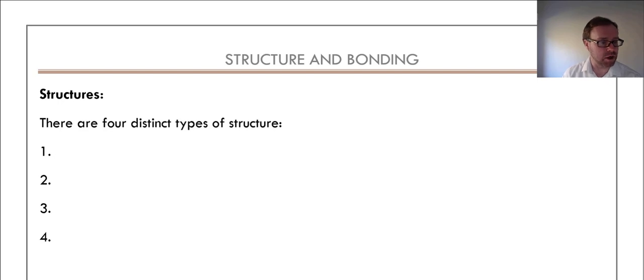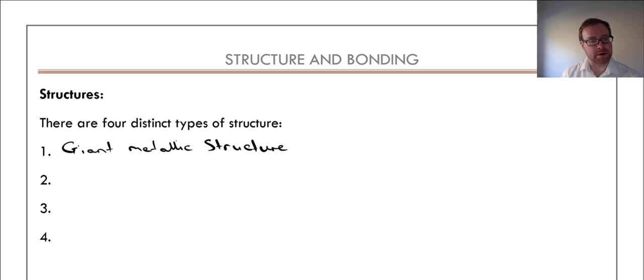So the first one that you need to know is a giant metallic structure. Our second one is a giant covalent structure.